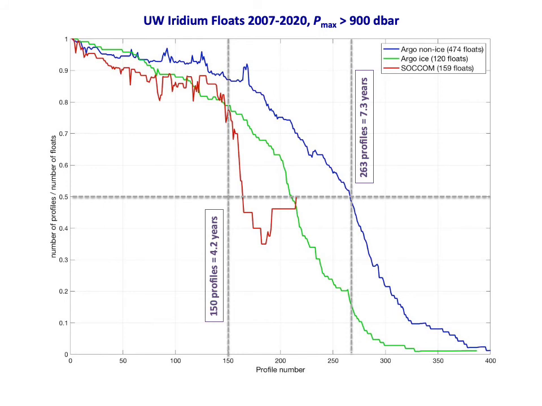So the hope in the future is that the red line and the green line will look more alike, which means for GO-BGC, maybe we'll get something around 240 or 250 profiles in general out of these, which is close to what the energy budget says we ought to be able to get.